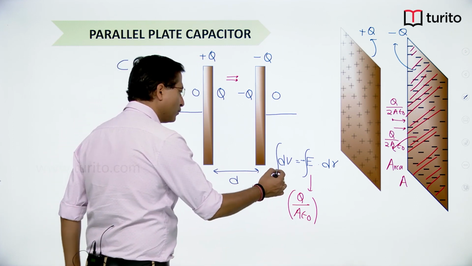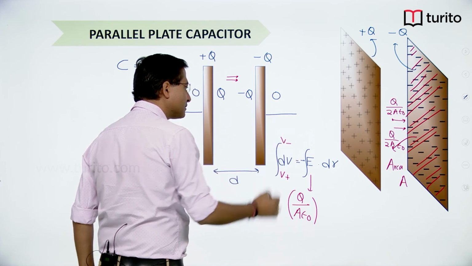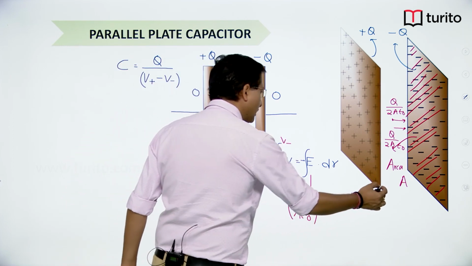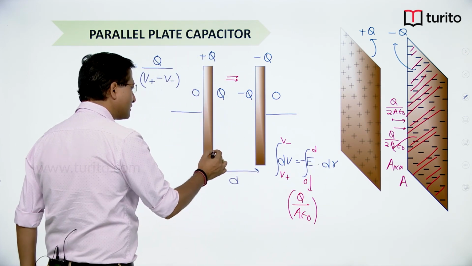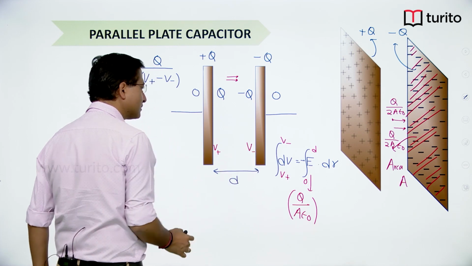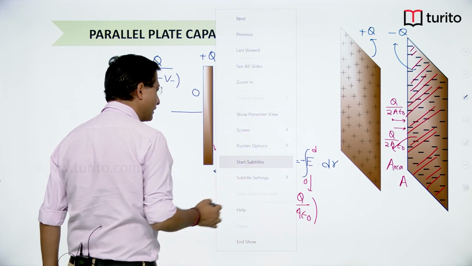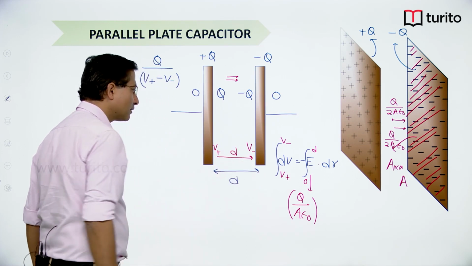So, V plus to V minus, 0 to d. I am starting from here and going by distance d, right.